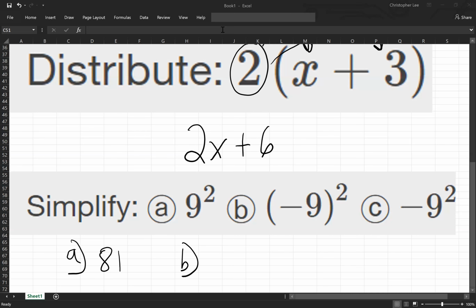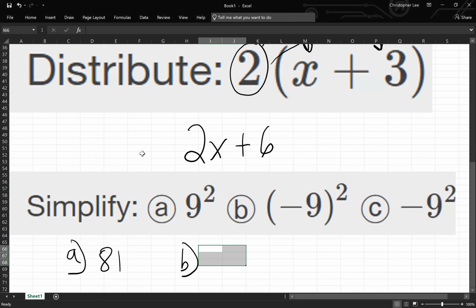What do we think? 81. That's what I'm talking about. And why is this one 81? Because a negative times a negative is a positive, and 9 times 9, boom.